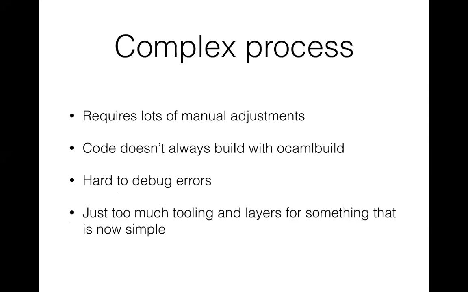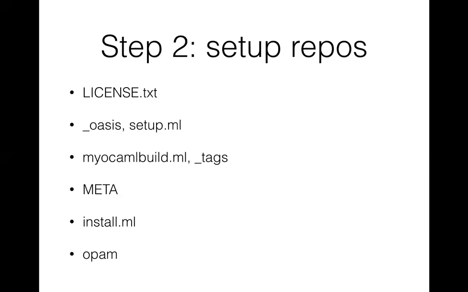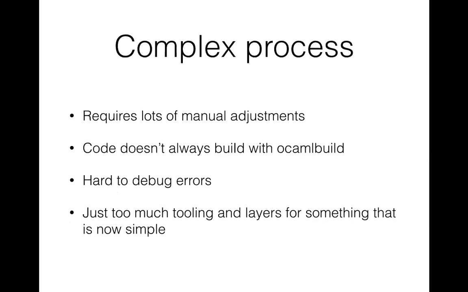Basically, in the last version of this process, where we are generating all these files, we ended up with templates for everything. And for every project, we had to adjust things because it kept on breaking, it wasn't working the same way. A very big problem was that the code that was building internally for our libraries didn't build externally.